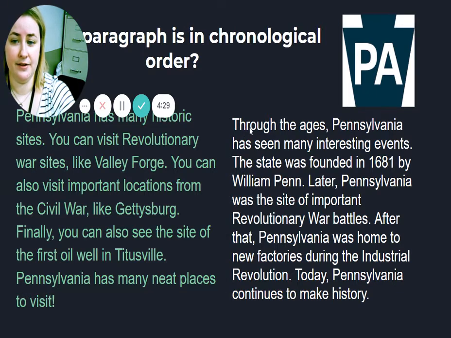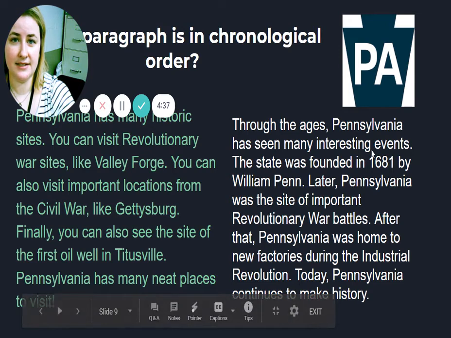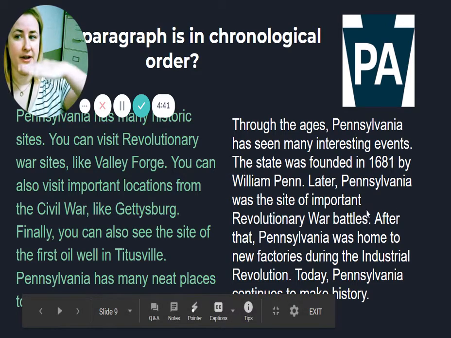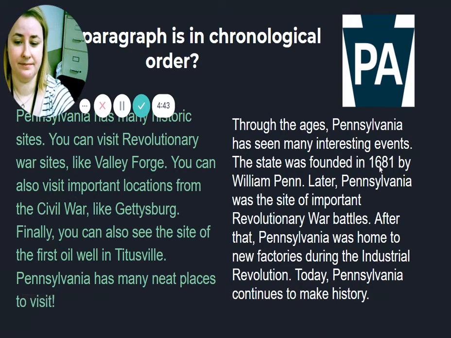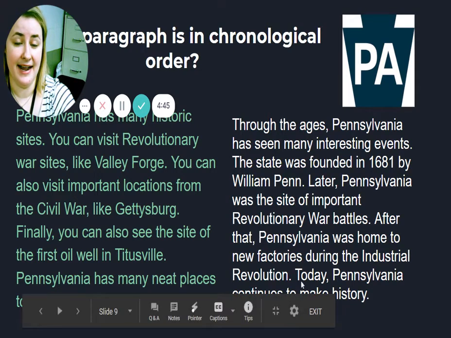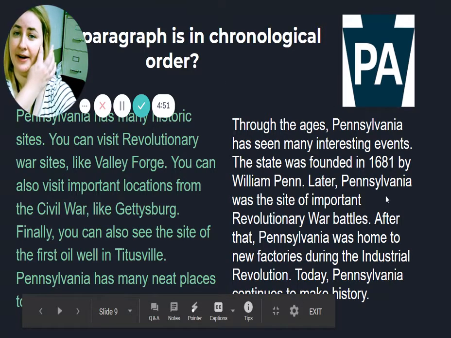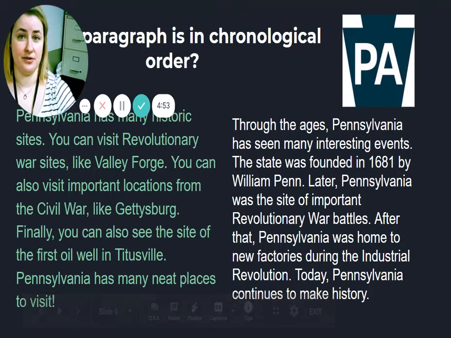Here we have through the ages, that's showing time right away. We have a date here, 1681. So it's showing time. After that, seems to be going in sequence and order. And then we have today at the end. So that would be like a finally. So I think it is this second paragraph is chronological order.